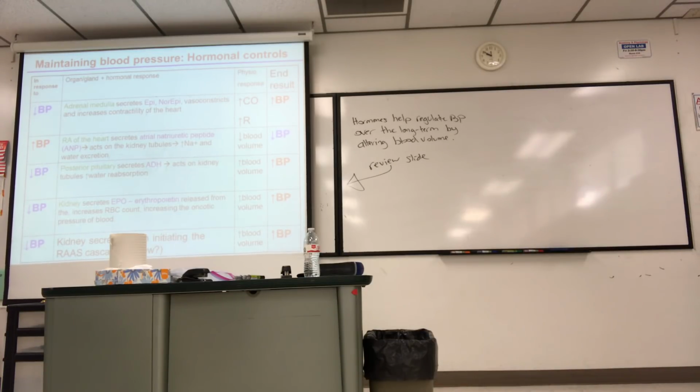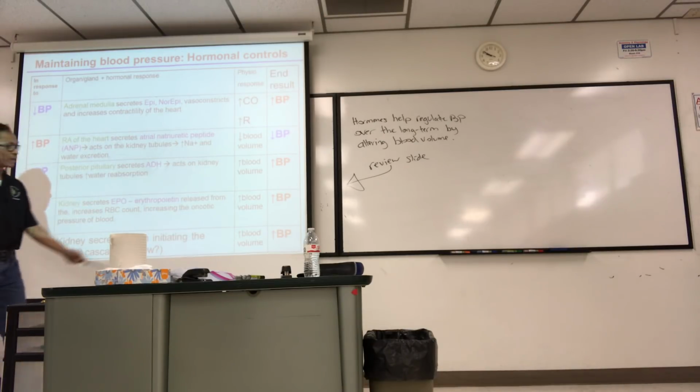So it secretes EPO. It targets the bone marrow, and it helps increase your crit, your red blood cells, and that helps increase the oncotic pressure, which is the same thing as that colloid osmotic pressure I taught last time. If there's more stuff in the blood vessels, they retain fluid better. So that helps to increase the blood volume and increase the blood pressure.